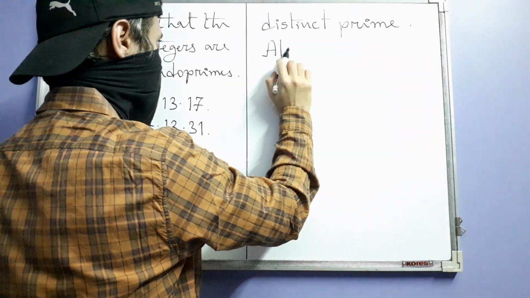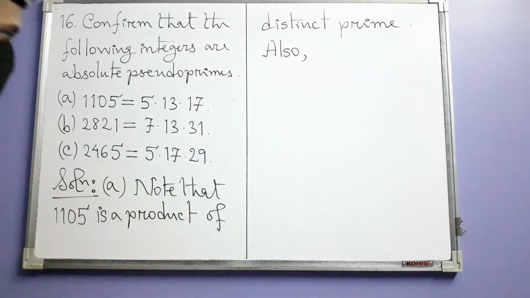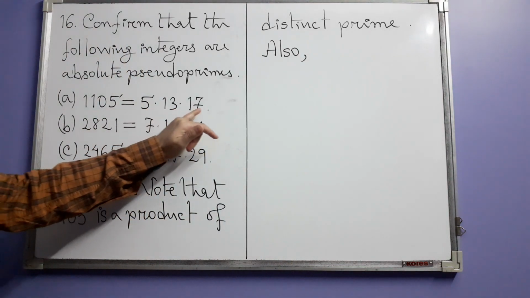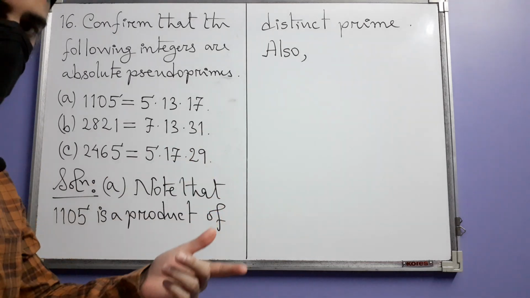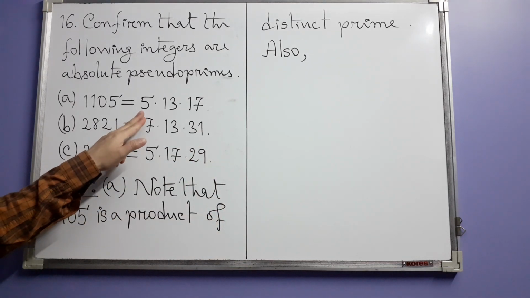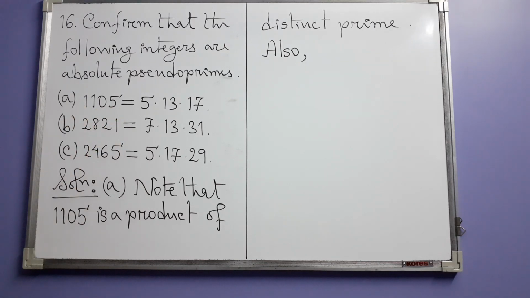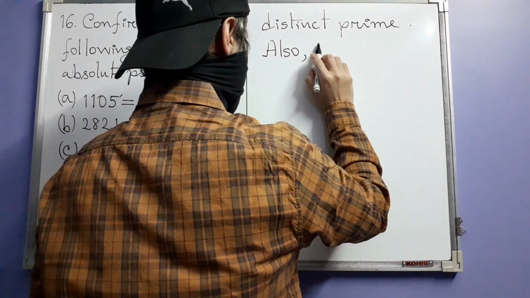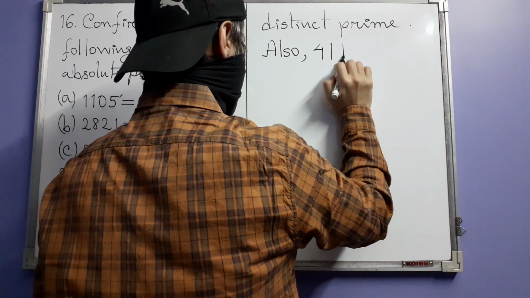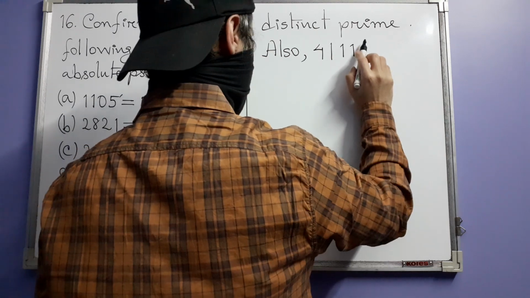Also, when we subtract 1 from each of these primes and get the numbers, for example 4, that divides this minus 1. That is, 4 divides 1104.